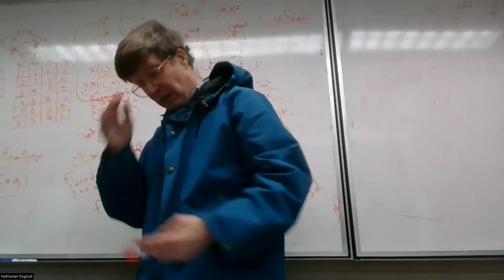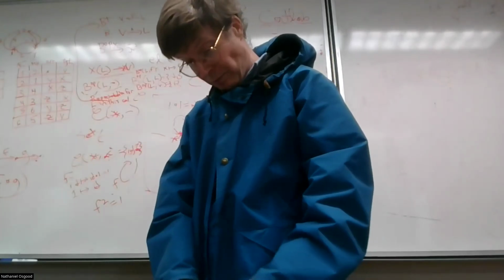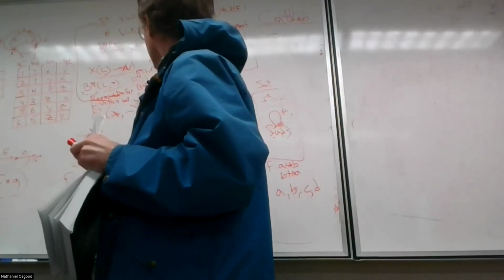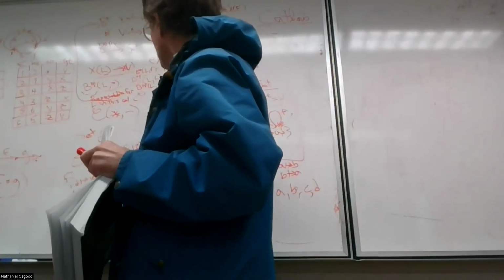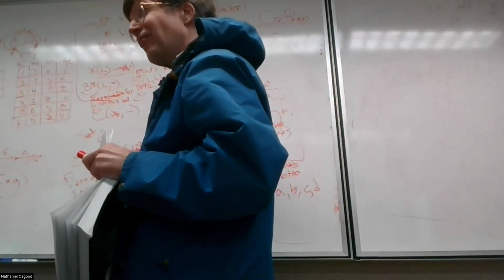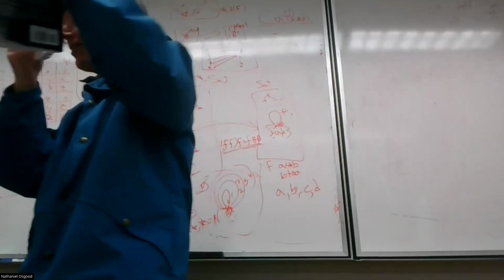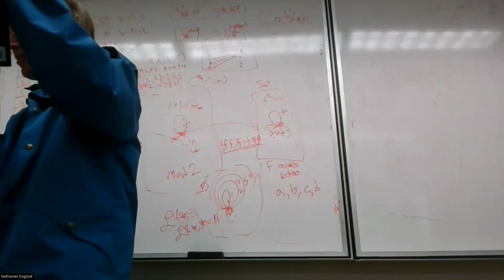How many loops? Okay, one loop. One vertex and one loop. Right. Is that good? Yes. And that's exactly what that is. Do you see that?